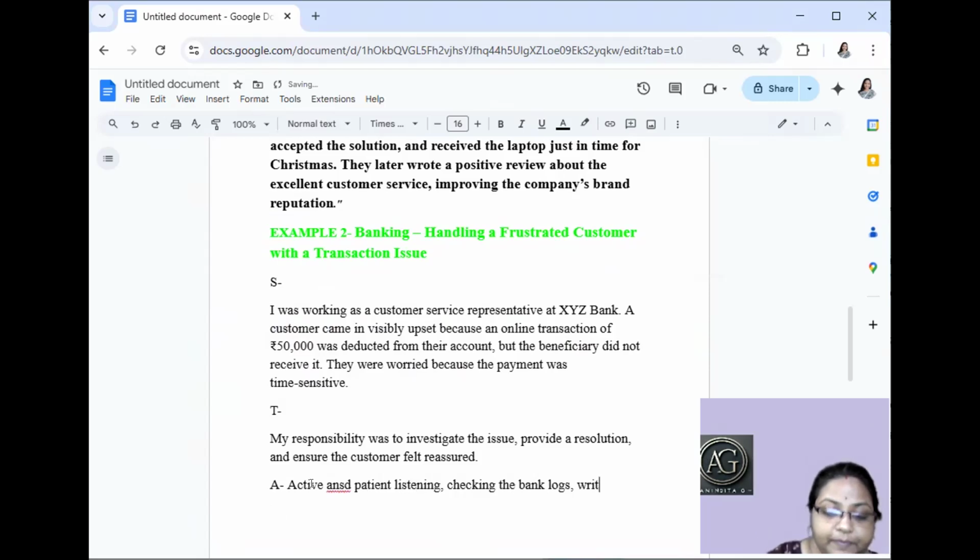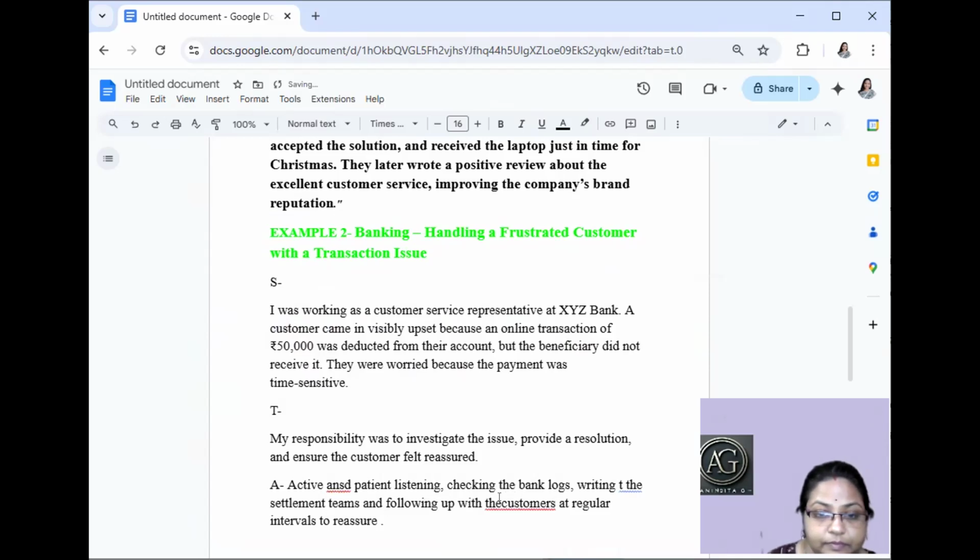Writing to the settlement teams and following up with the customer time to time at regular intervals, maybe, to reassure that his job will be done. So there was one customer only here.